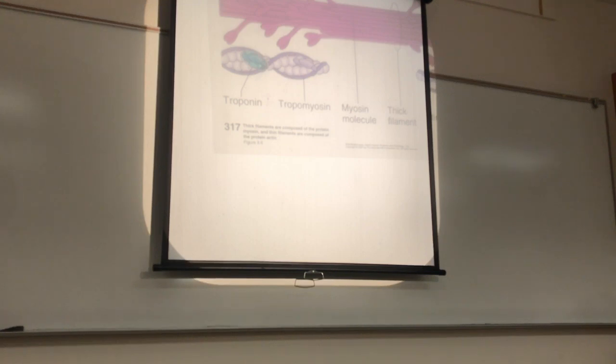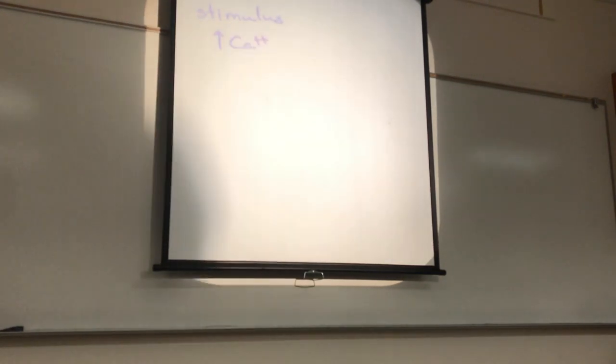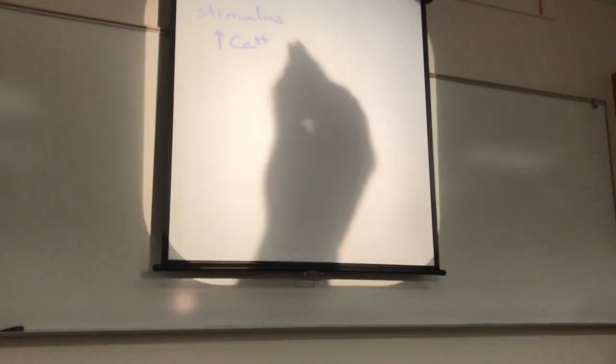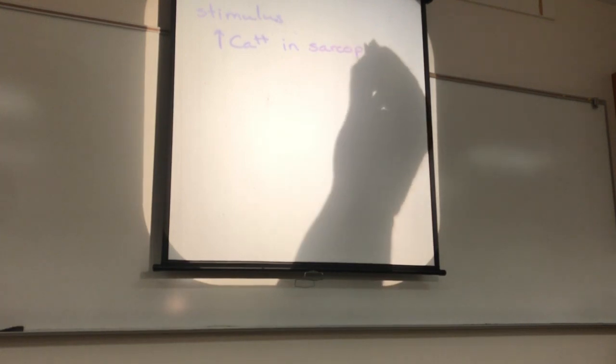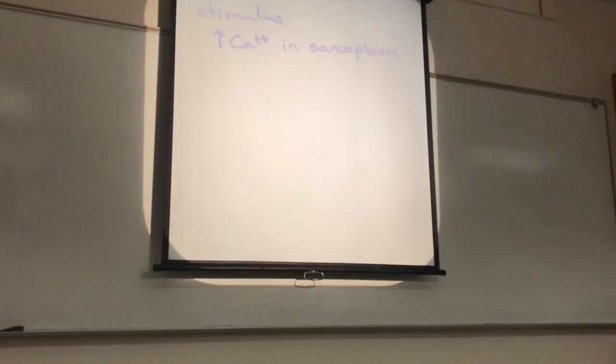When the muscle cell is stimulated to contract, what we're going to see is a very rapid increase in the concentration of calcium ions in the sarcoplasm. So there's going to be a very rapid increase in the amount of calcium floating around inside the cell's cytoplasm.